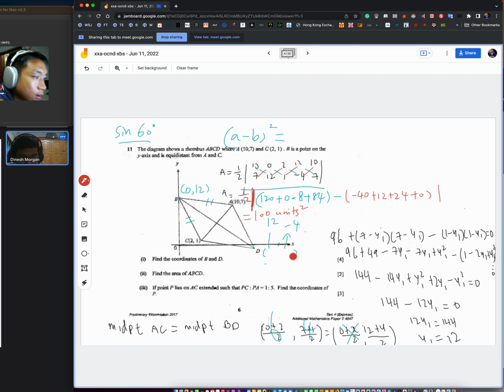Okay. So if point P lies on AC, here, such that PC is 1 and P is 5. So P is somewhere here. So you have the XP and YP here. Such that this is 1, then this is 5 units.